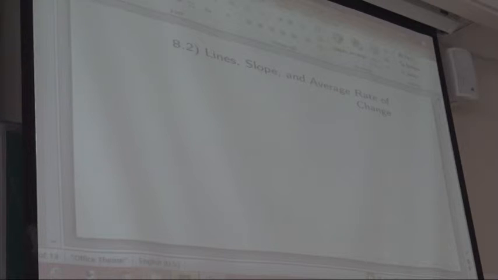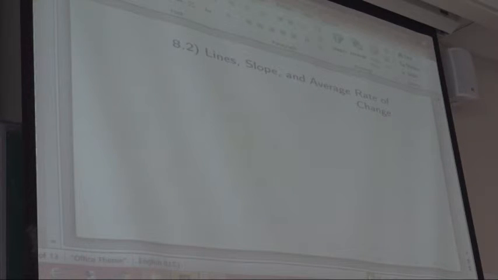Now let's move on to the new section, 8.2: Lines, slope, and average rate of change. The line, we'll see the straight line or the linear equation.